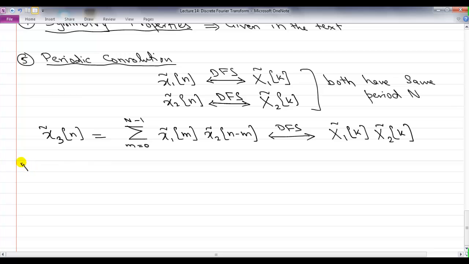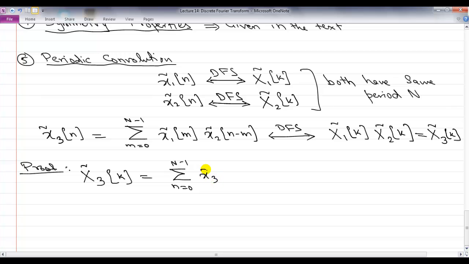Now, let's look at the proof of that. Define x3 tilde k, which is the discrete Fourier series coefficients of the sequence x3 tilde n, using the definition of the discrete Fourier series, that is, n equal to 0 to N minus 1 of x3 tilde of n e to the minus j 2 pi over N kn.